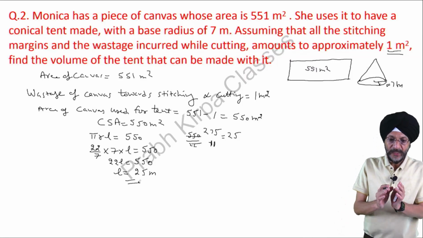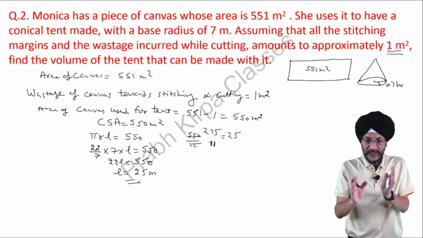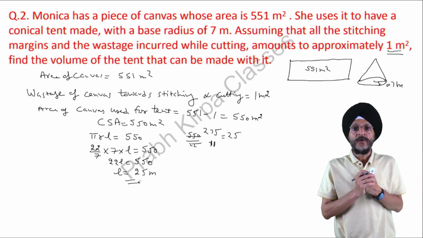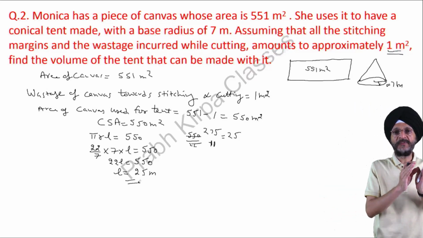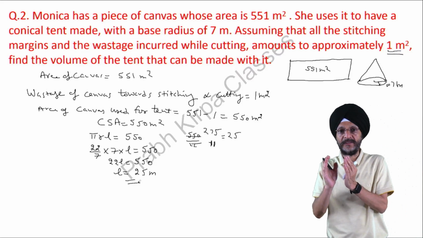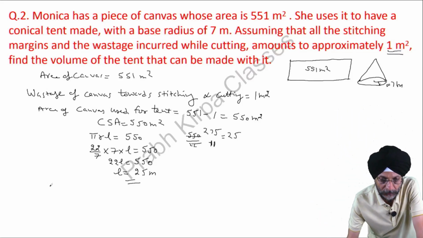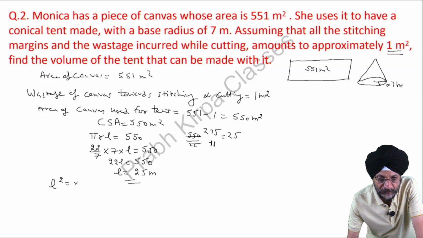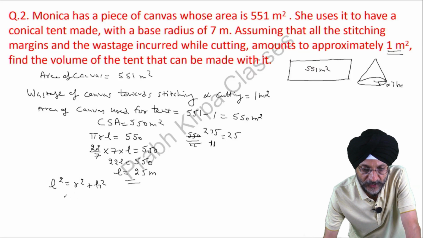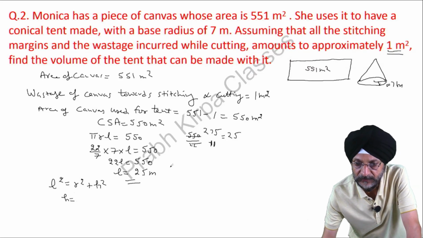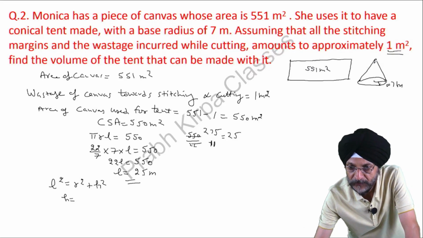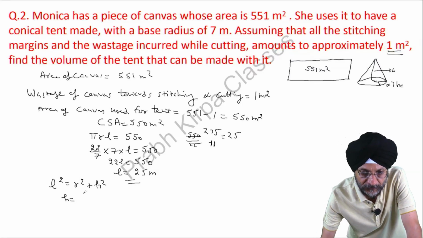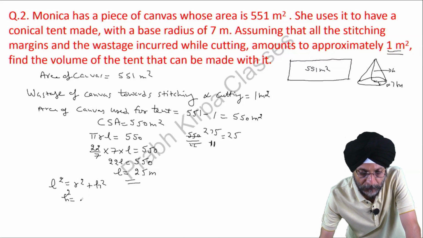So now we have before us the value of r as well as the value of L. We know that there is a relationship between slant height, radius and height, and that is shown by the formula L square is equal to r square plus h square. Now we can find out the value of height. h square is equal to L square minus r square.